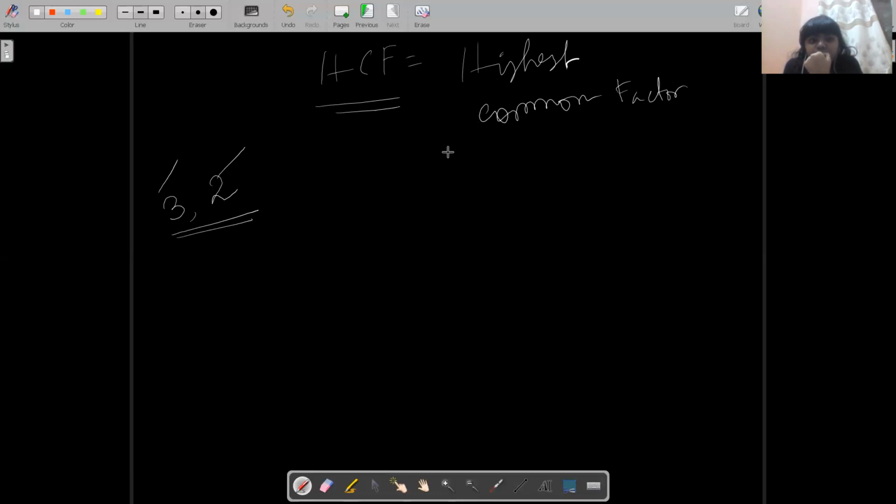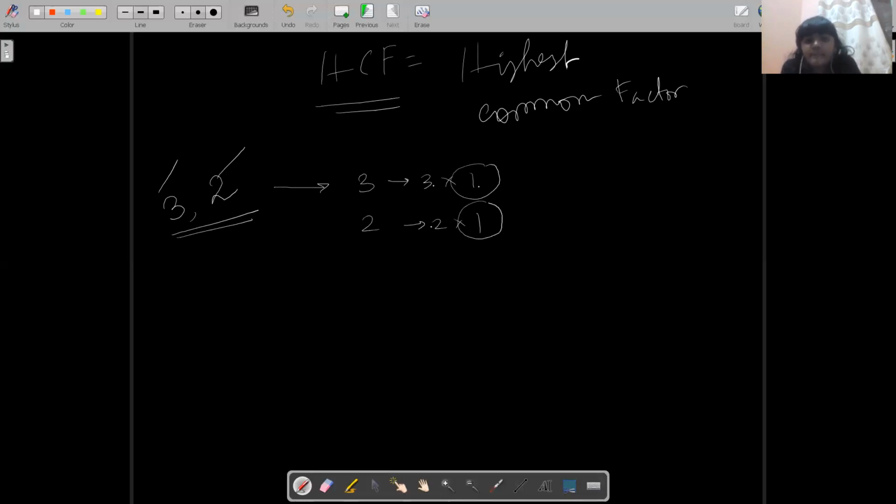This 3 can be written as 3 into 1 only. This 2 can be written as 2 into 1 only. So there are only the factors 3, 1 and 2, 1. So how is it possible to take a highest common factor? That is the highest common factor, that is 1.